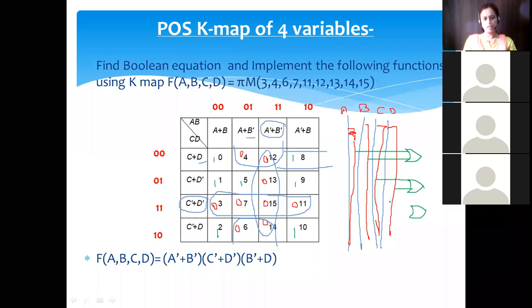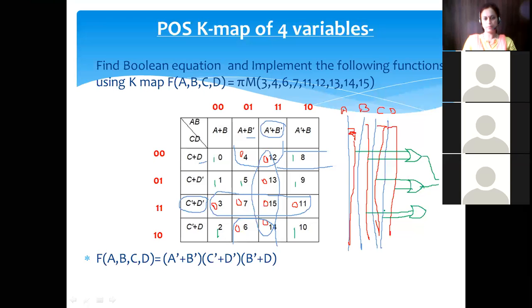The last one is B complement plus D. Now you can AND them together by drawing an AND gate at the end.